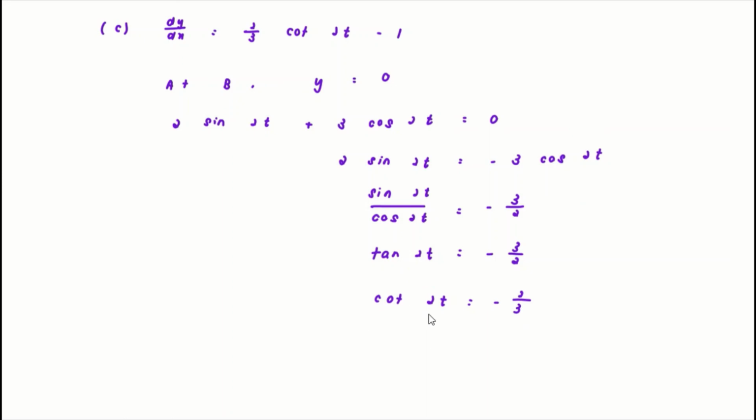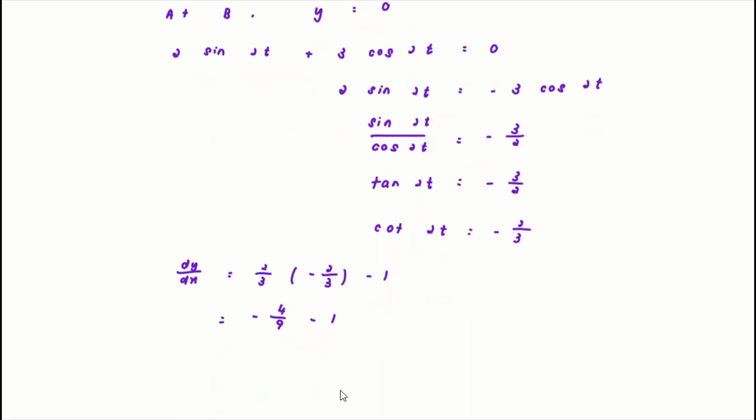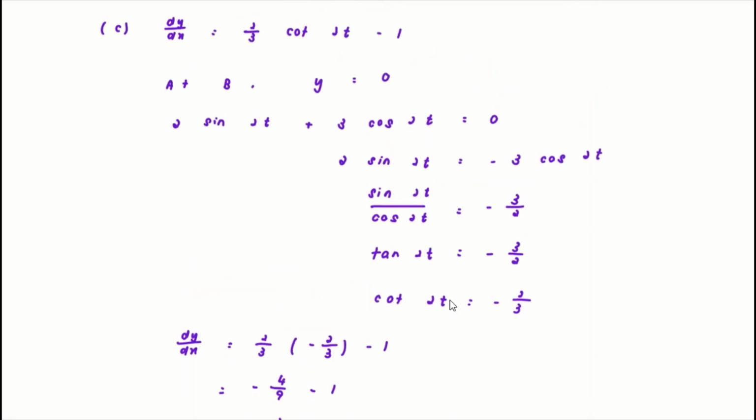From here, you get what you want already. So basically, you do not need to solve for t and substitute back again, right? You are just going to end with the same thing. So dy dx equals 2/3 times cotangent, which is -2/3, minus 1. So -4/9 minus 1, and you'll be able to get -13/9.